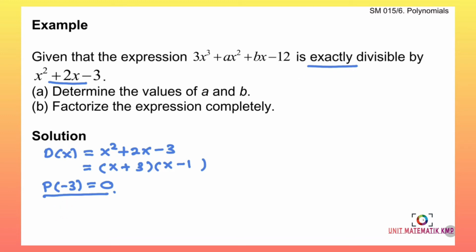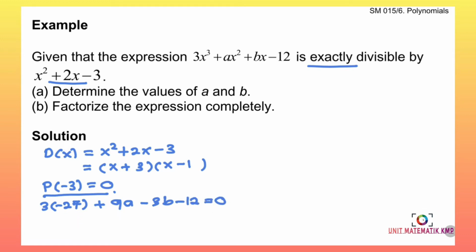We have 3 times negative 27 plus 9a minus 3b minus 12, and this is equal to 0.